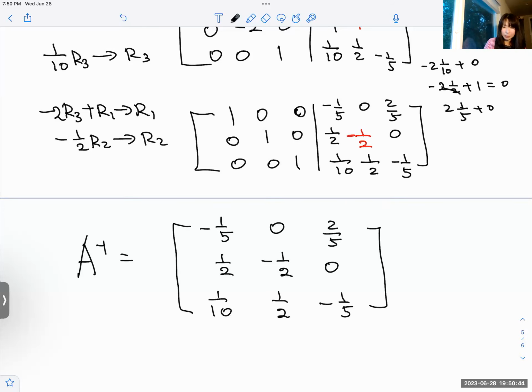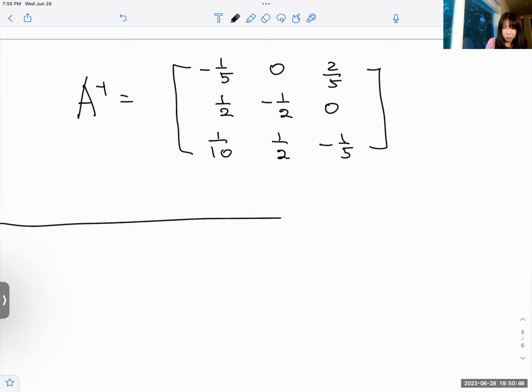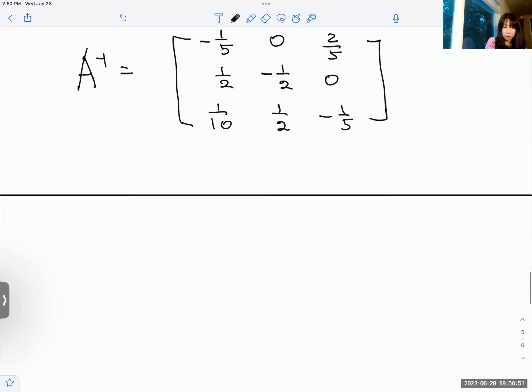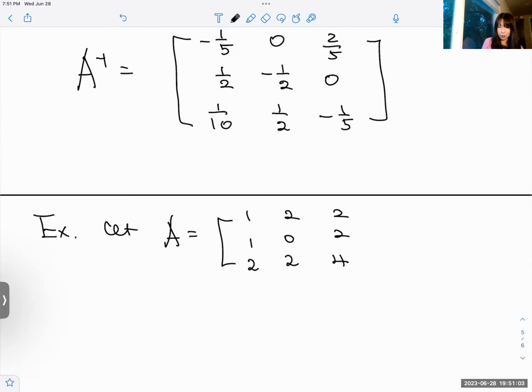How about this? Let A equal 112, 202, and 224.